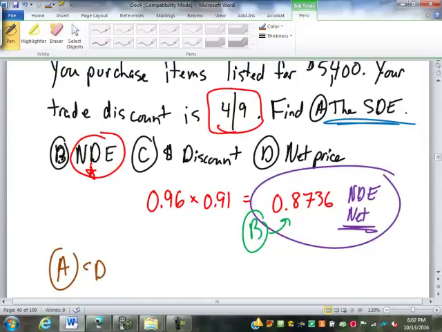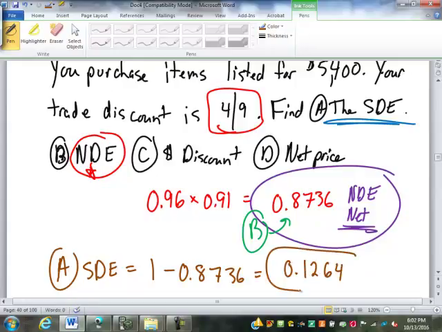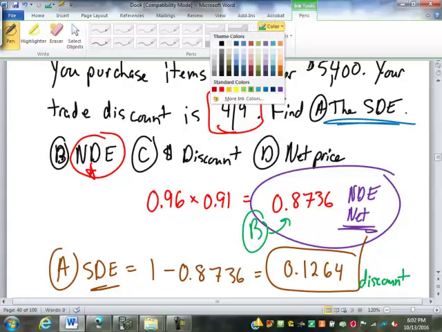Our single discount equivalent is going to be 1 minus 0.8736, otherwise known as 0.1264. That is the single decimal equivalent, or single discount equivalent. Again, the key word there is discount. That's going to describe the discount.